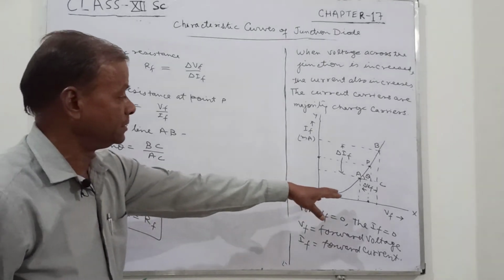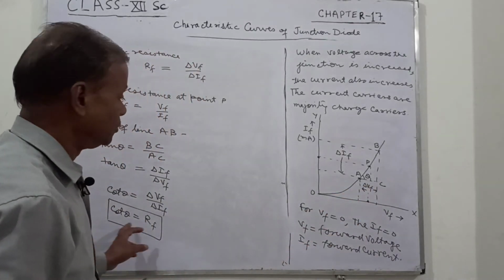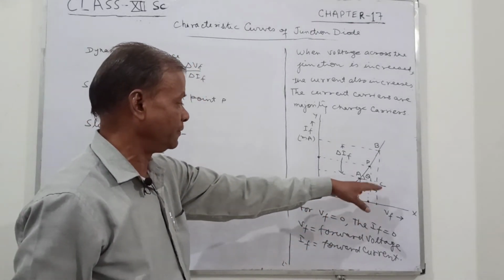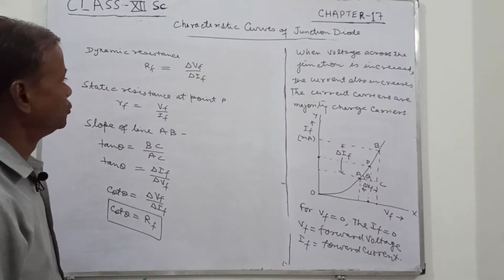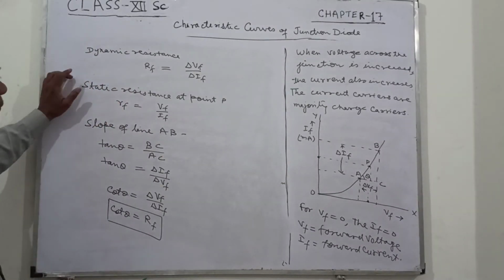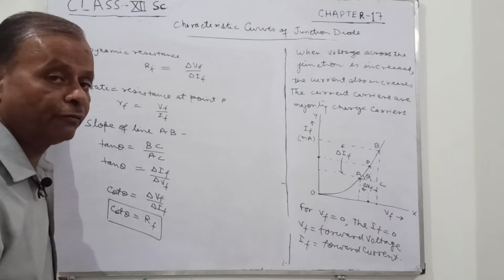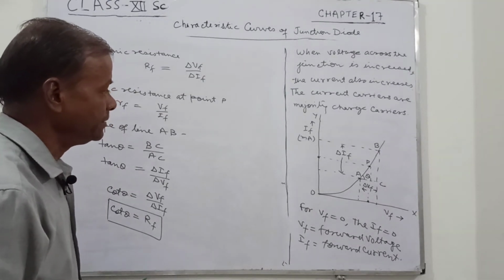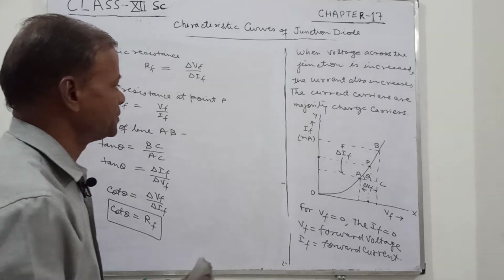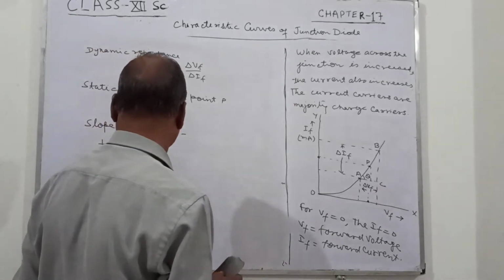So if we find the cot of the slope, you will find the resistance of this diode. This is in the case of forward biasing. Now if we take reverse biasing, the characteristic curve will be of a different kind.